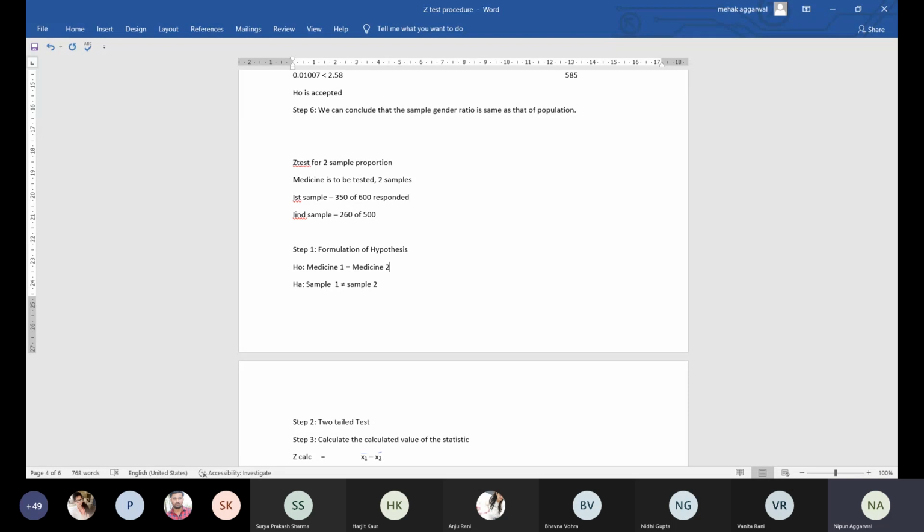So your null hypothesis becomes medicine 1 is equal to medicine 2, and the alternate is medicine 1 is not equal to medicine 2. Fine. Now that means if medicine 1 is better or medicine 2 is better.